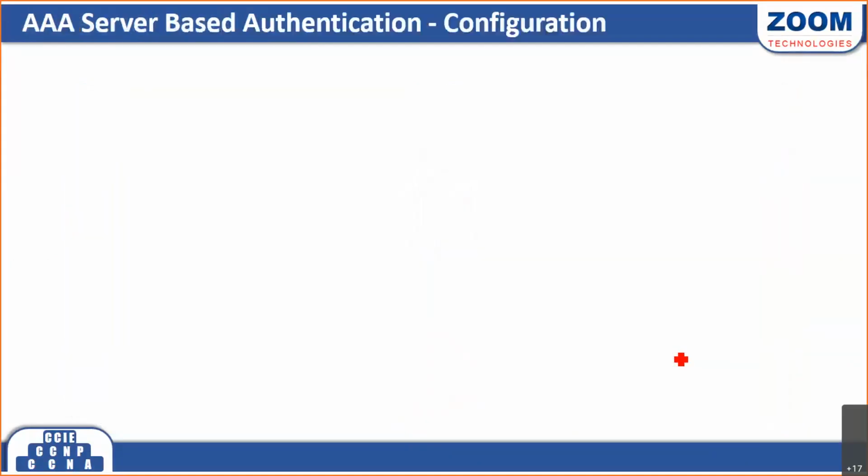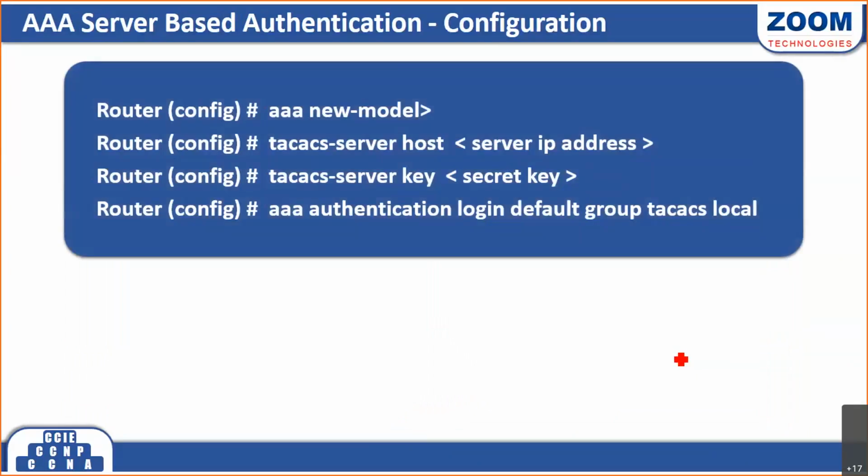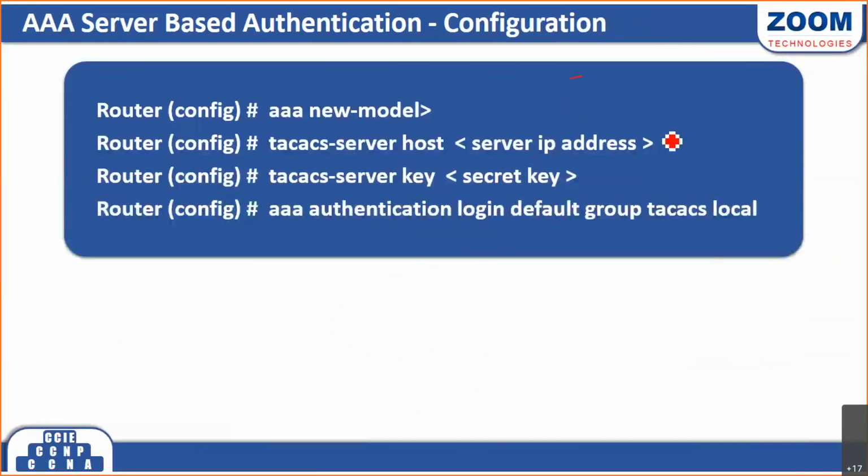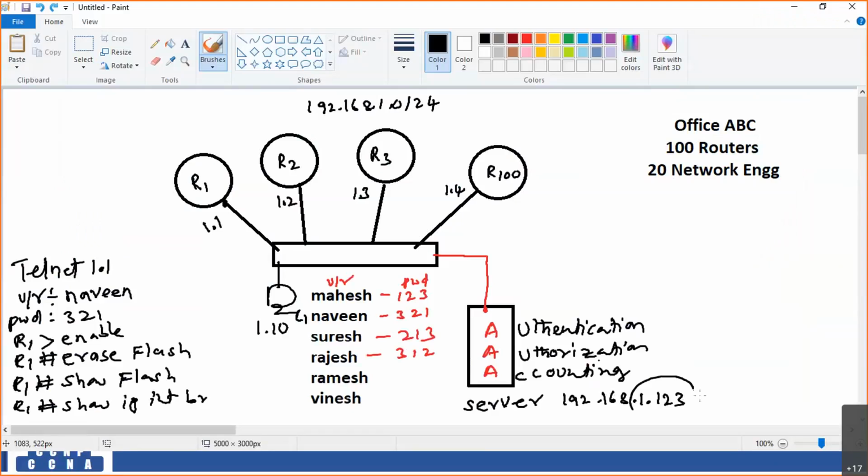Next is configuration. This configuration needs to be configured on all routers. All 100 routers need this configuration enabled. AAA new-model, then tacacs-server host, which means the server IP address, 1.123.